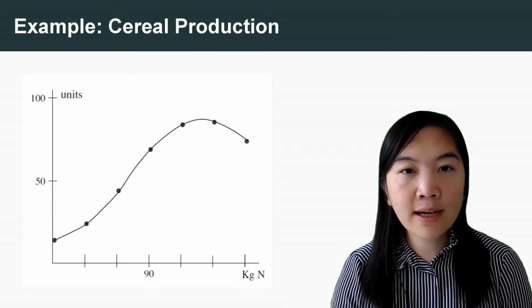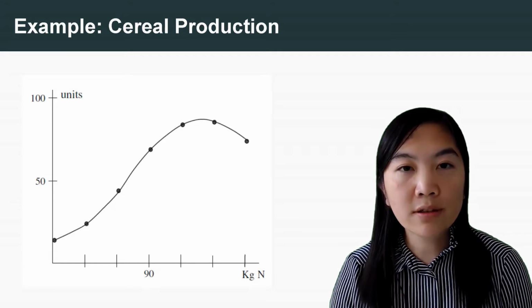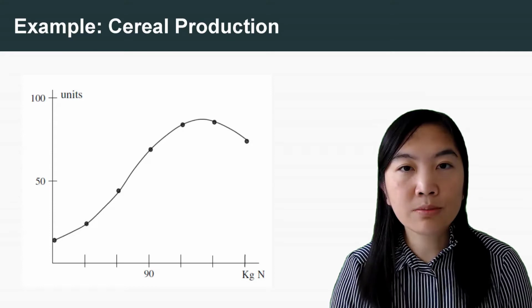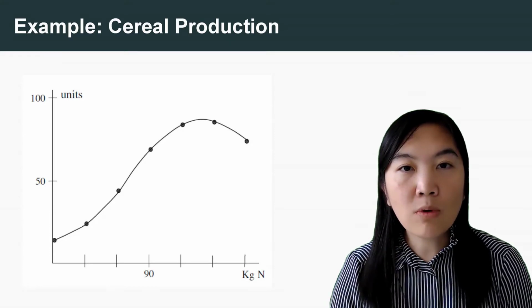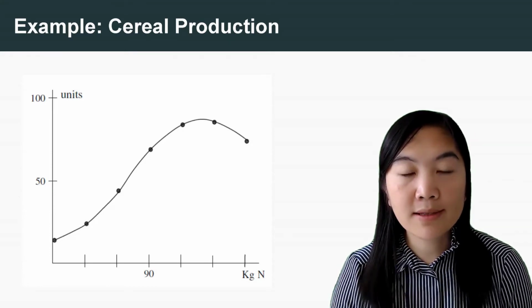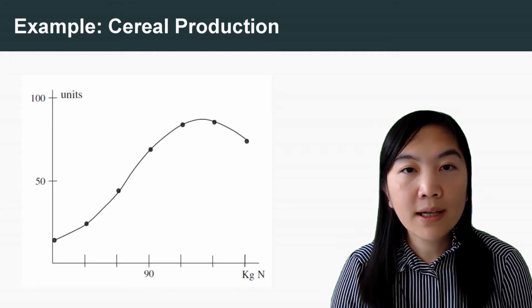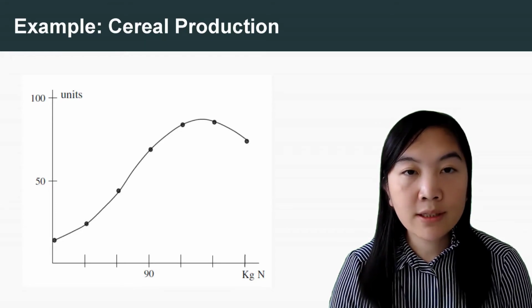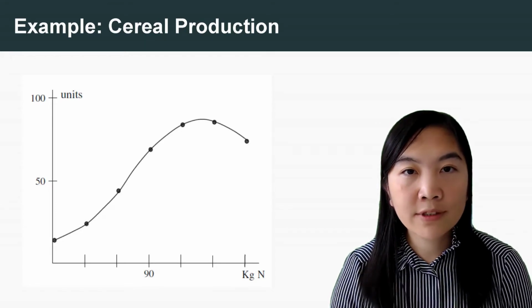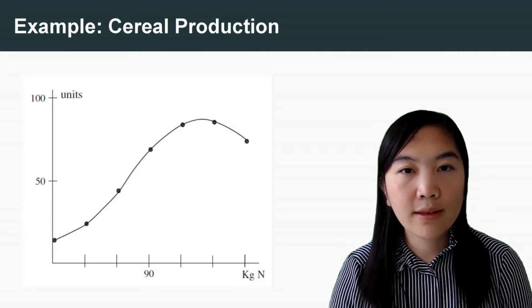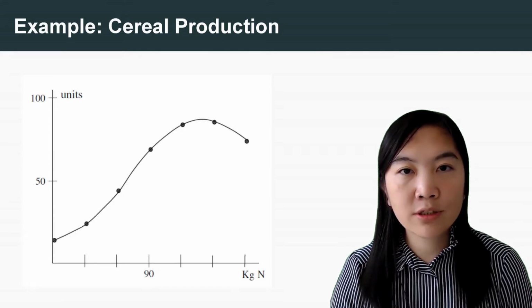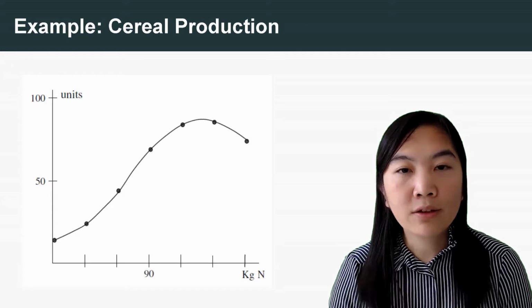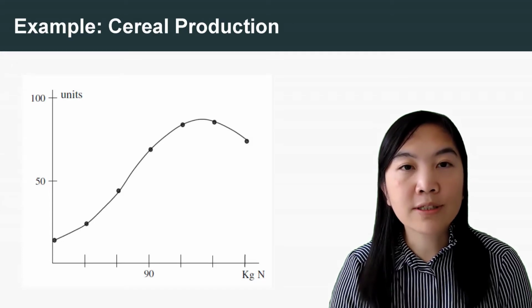And we can find that, again, as we increase the nitrogen from 0 to probably 120, the yield is increasing, and then after a certain point, the yield is actually decreasing when you apply more nitrogen.